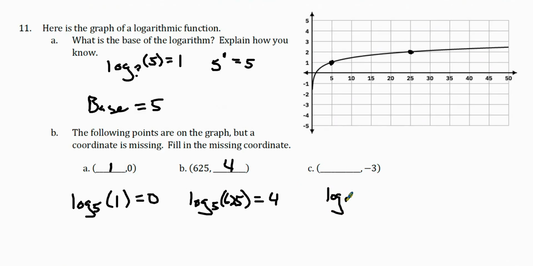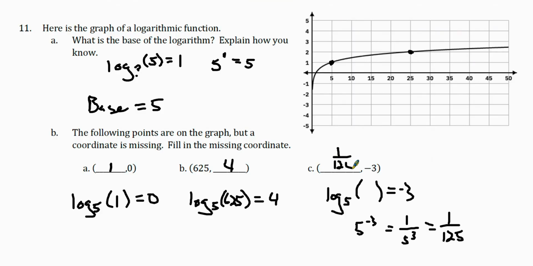We're saying log base 5 of what equals -3. So if I think about this in exponential form, 5 to the -3rd power equals what I need to put here, right? So that would be the same if we're thinking about our negative exponents as 1 over 5 to the 3rd, and 5 to the 3rd is 125. So this would be 1 over 125.